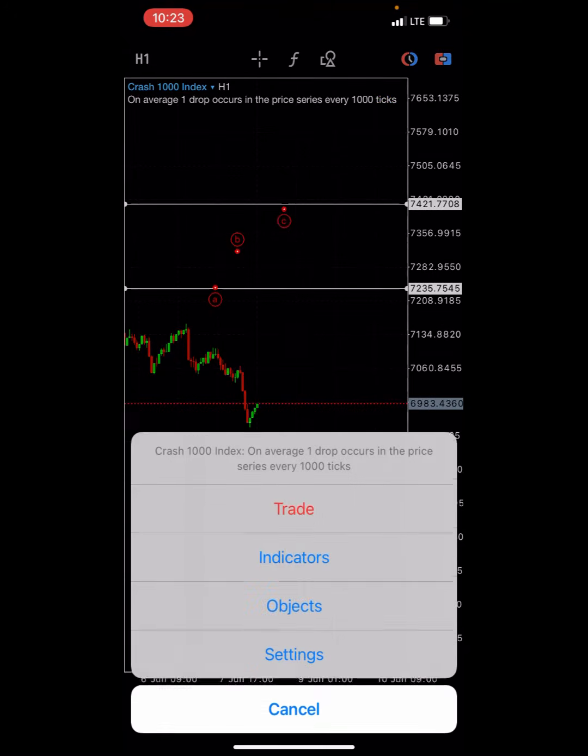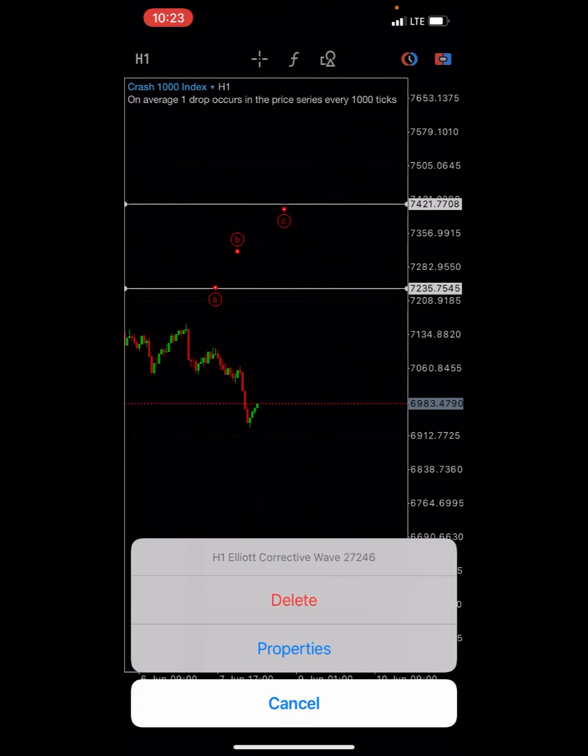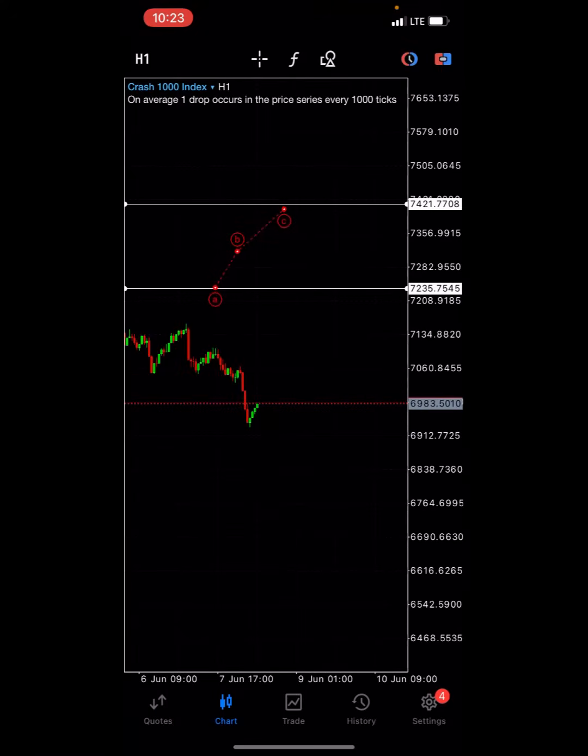Now let me edit this. I just need to show you guys something. Lines, cool. All right, so you have price coming all the way from support and rallying to the upside.